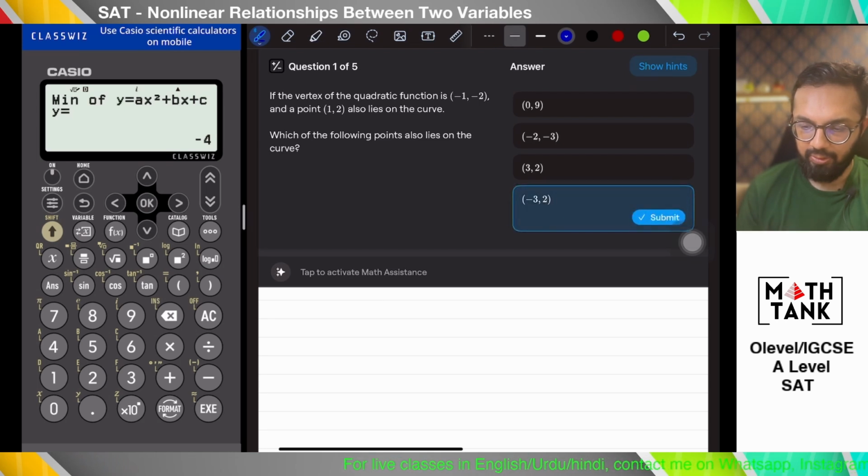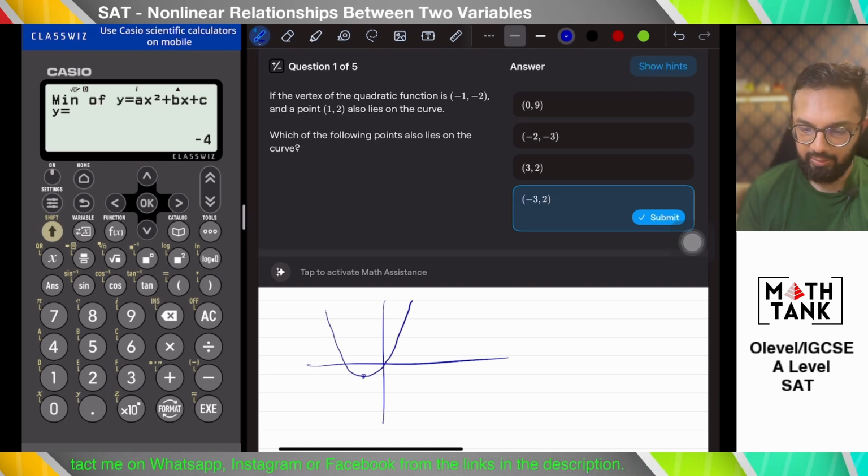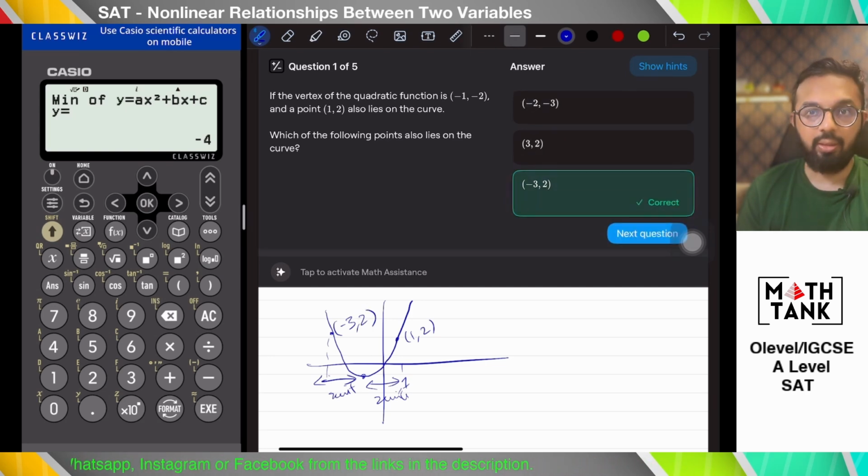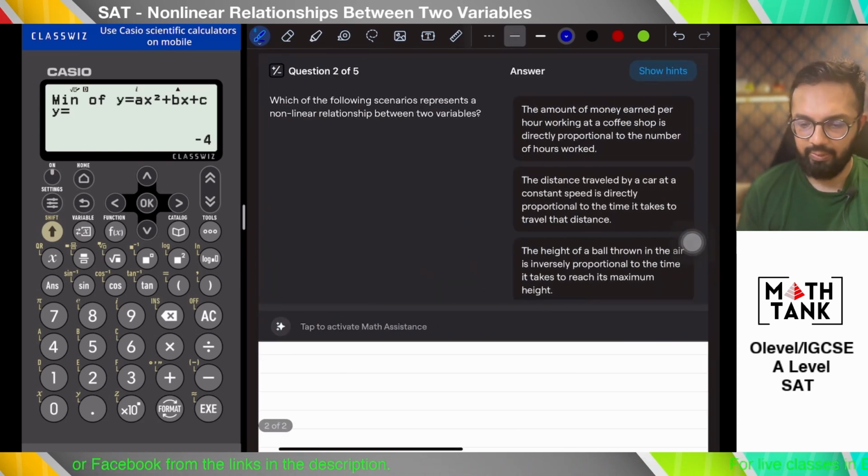I think that should be the correct answer, because what I see from here is that if I have a vertex here and at 1 there's 2, this is a distance of 2 units. So if I were to go back 2 units, I should still be at 2. So it's going to be (-3, 2). Yeah, that should work.